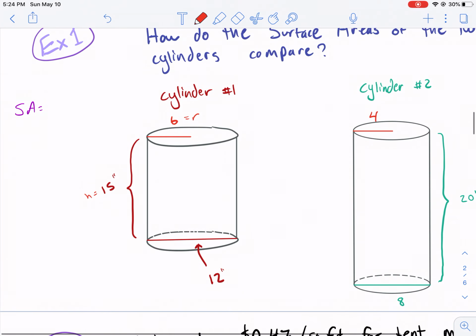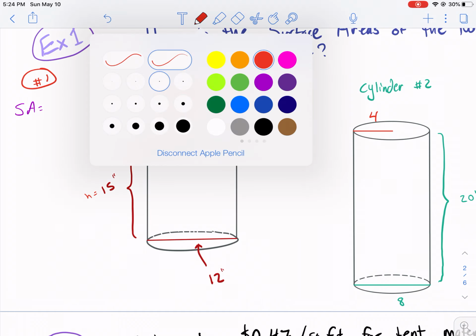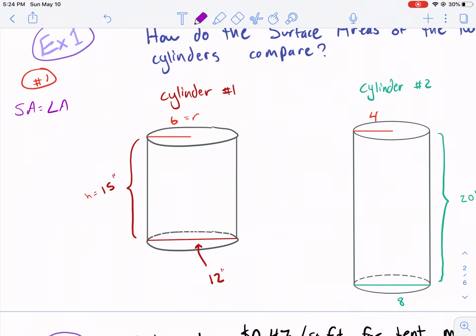So we're going to do surface area of number 1 first. We need to do the lateral area plus the two bases. Let's start with the lateral area, which is equal to 2 pi r times the height. So 2 times pi times the radius, which is 6, times h. Now h is 15, and we just plug that into our calculator.